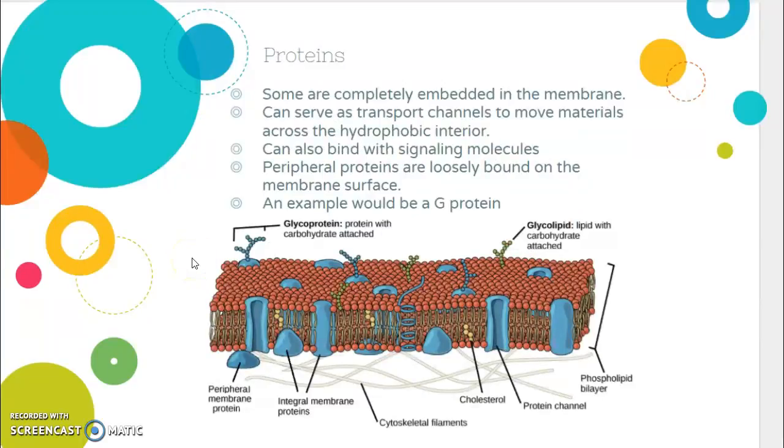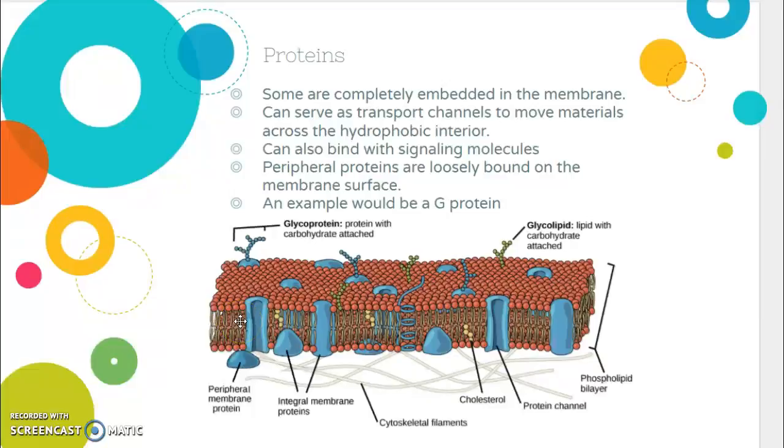Now this is a little bit different structure of the cell membrane than a picture we have seen so far. If you look at this picture, you can still see those lipid tails in there. The red circles is the phosphate head, but now these dark blue structures, those are proteins. Some serve as transport channels to move materials. That would be this big one right here, the cursor's over.